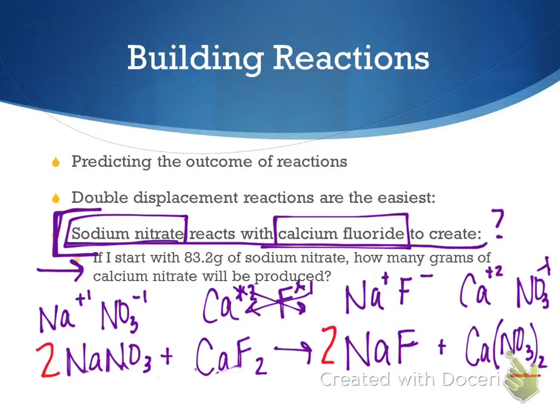Okay. We've built and we've balanced our reaction. Now we're going to answer our question here. If I start with 83.2 grams of sodium nitrate, how many grams of calcium nitrate will be produced? Okay, so we're going to do a gram to gram stoichiometry problem here.